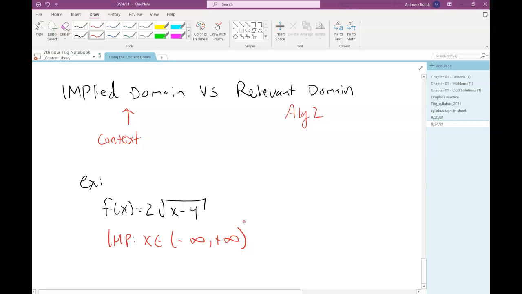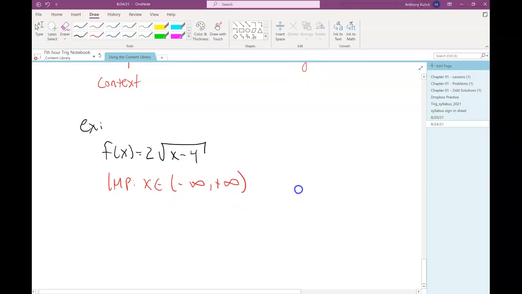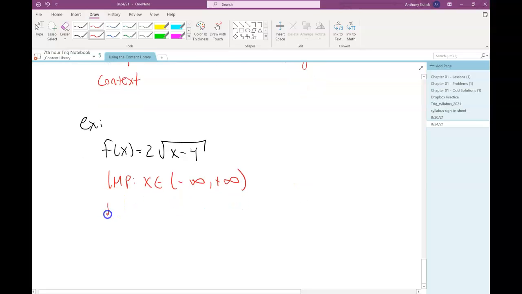So the implied domain is just all real numbers, right? Not very interesting. Now, I would prefer that in this course we use the more precise notation. That's why I chose to write it this way instead of just writing R, which was acceptable the first time we see interval notation. But here I'd prefer to be a little bit more precise.